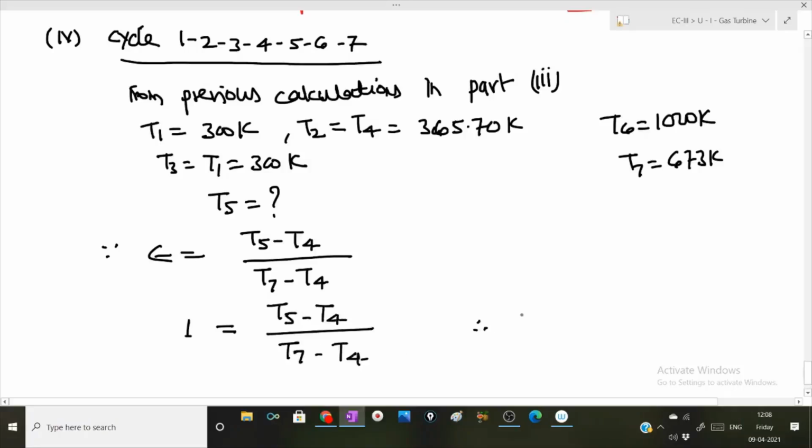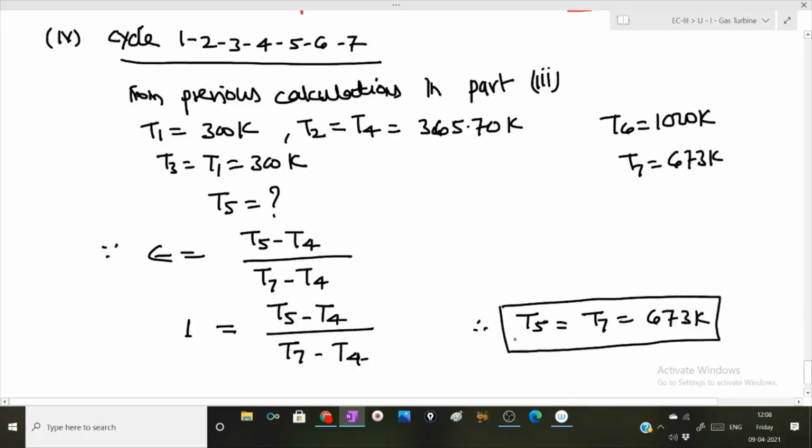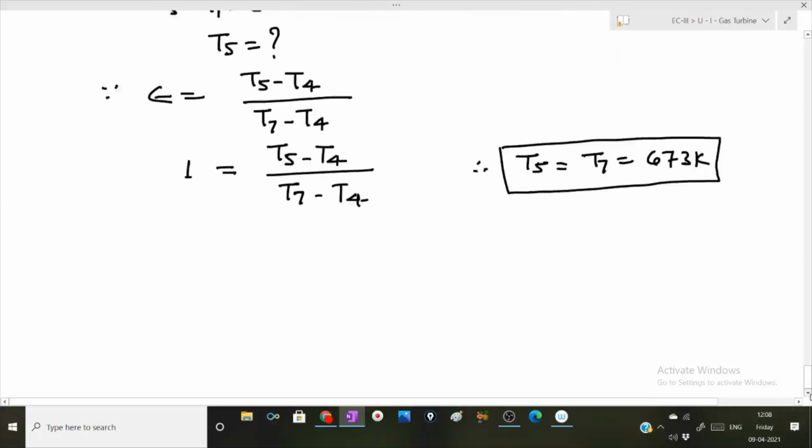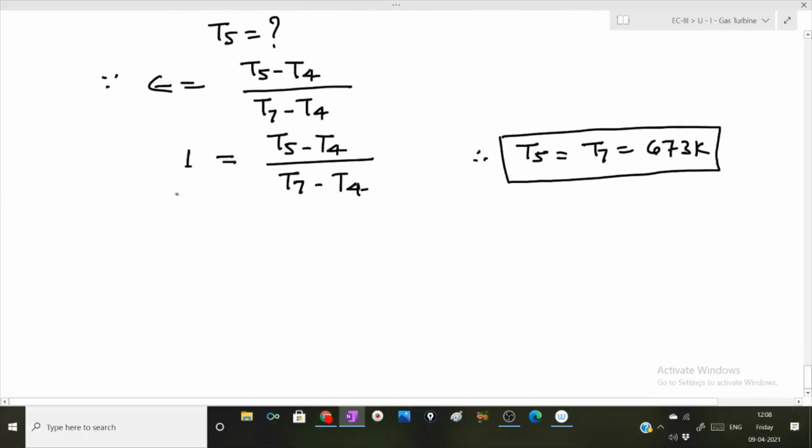So from here, once again T5 will be equal to T7, which will be equal to 673 Kelvin.